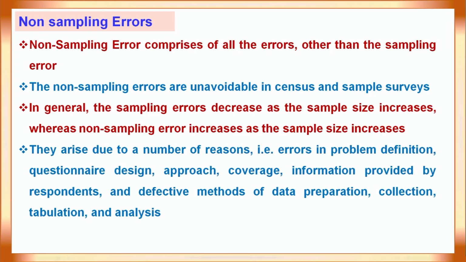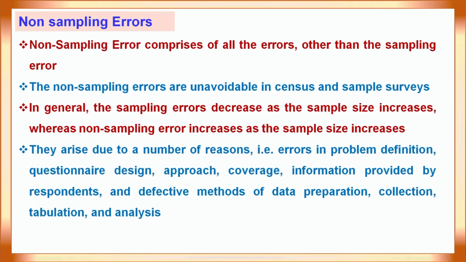Now, this non-sampling error will be present both in the census and the sample survey. Okay. Sampling error is only present when you are using sampling as a method of the study. When you are using a census, that means you are studying every unit of the population. Okay. Sampling error will not be there, but non-sampling error will always be present.